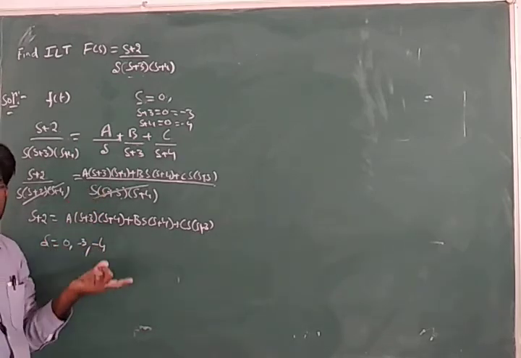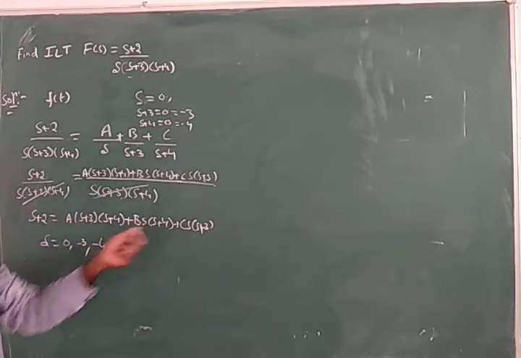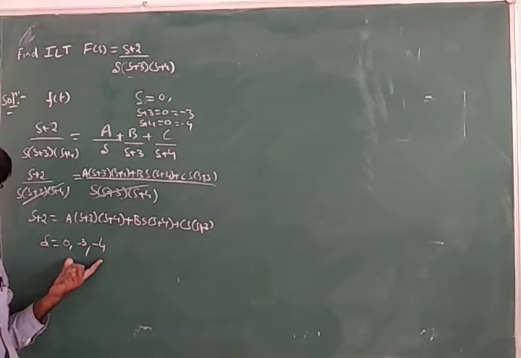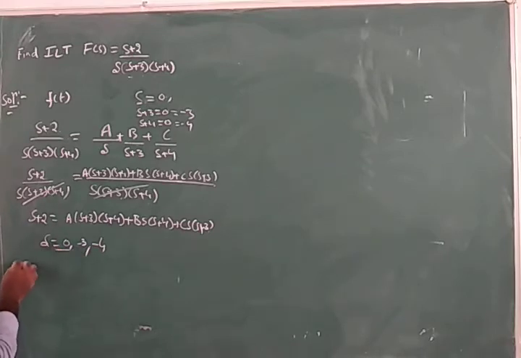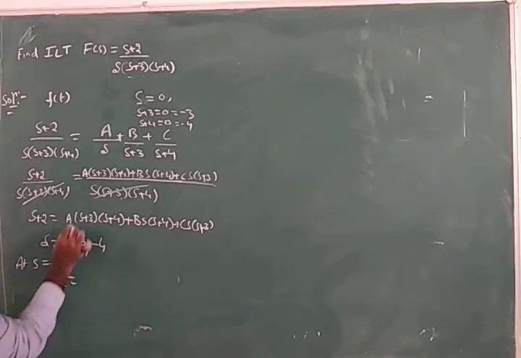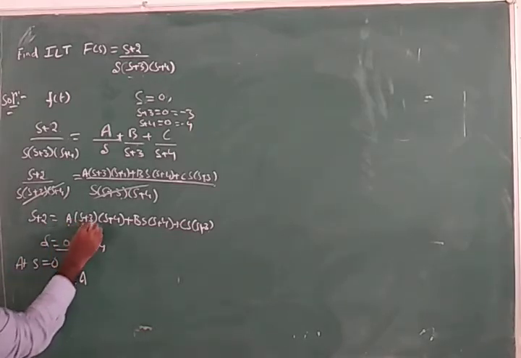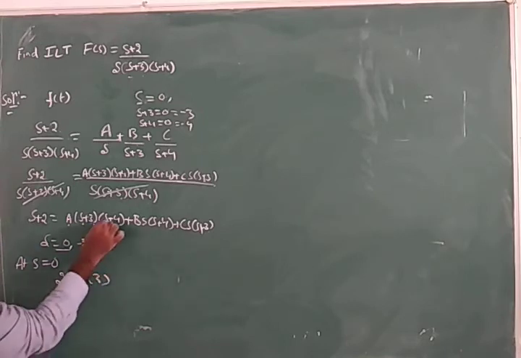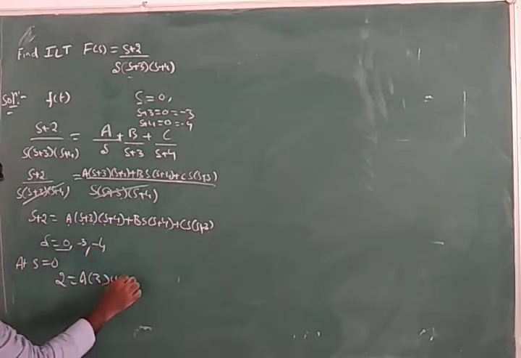We have to find out the values of A, B, C with the help of the values of s one by one respectively. For the first case, at s is equal to 0, put the value of s equal to 0 in the given equation. What you will get? 2 equals A into (0 plus 3) is 3, (0 plus 4) is 4.